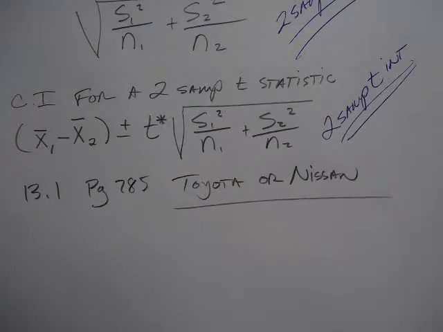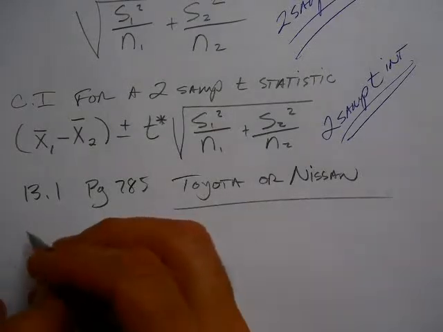Can't pass up doing a problem that deals with cars. It just can't happen for me. So this question says, are Toyota or Nissan owners more satisfied with their vehicles? Let's design a study to find out. We'll select a random sample of 400 Toyota owners and a separate random sample of 400 Nissan owners.